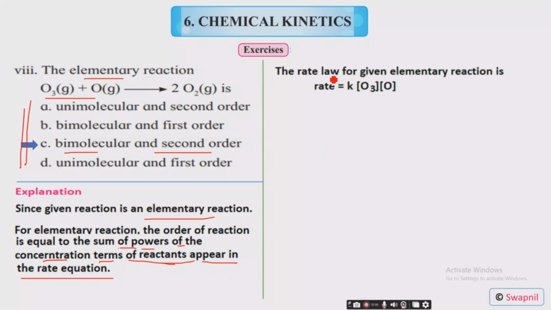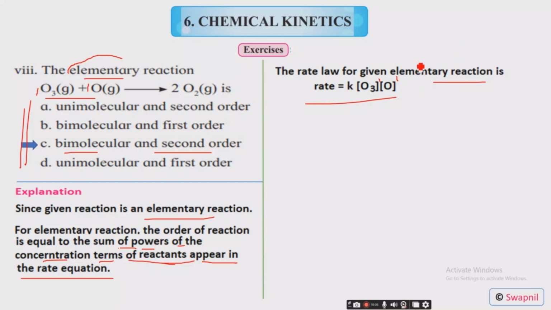So the rate law for the given elementary reaction is rate is equal to K into concentration of O3 into concentration of O. Here the power is 1 and here the power is 1, because 1 mole of O3 is taking part in the reaction and 1 mole of O is taking part in the reaction. For an elementary reaction, the powers in the rate law are equal to the stoichiometric coefficients of the reactants.